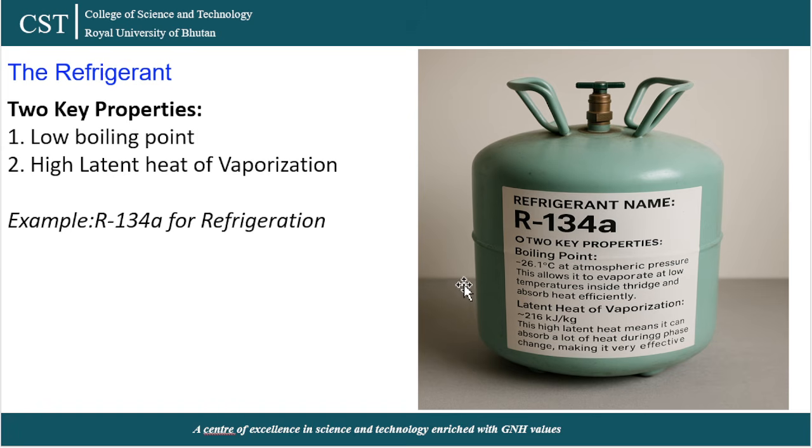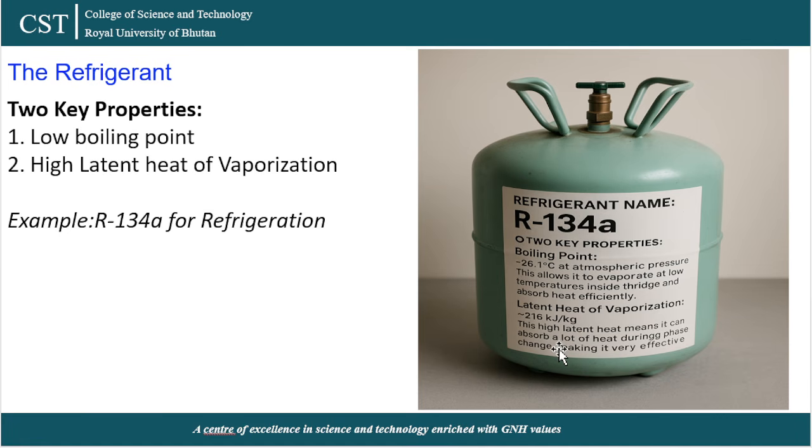To work well, a refrigerant must have two key properties. One of them is that it should have a very low boiling point. If you take this refrigerant R134A, the boiling point is negative 26.1. I'll tell you why this much lower boiling point is required later on. And then the second key property is that it should have a high latent heat of vaporization.